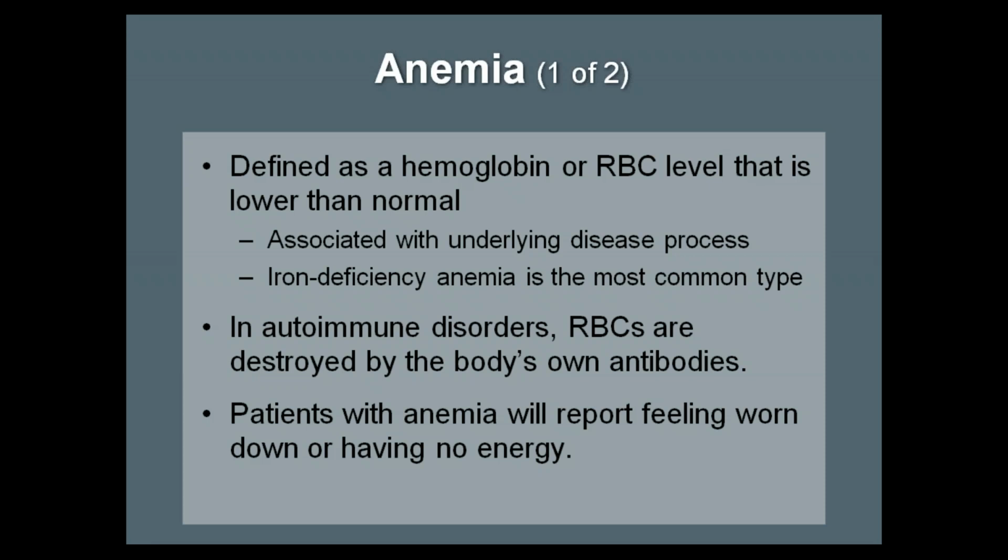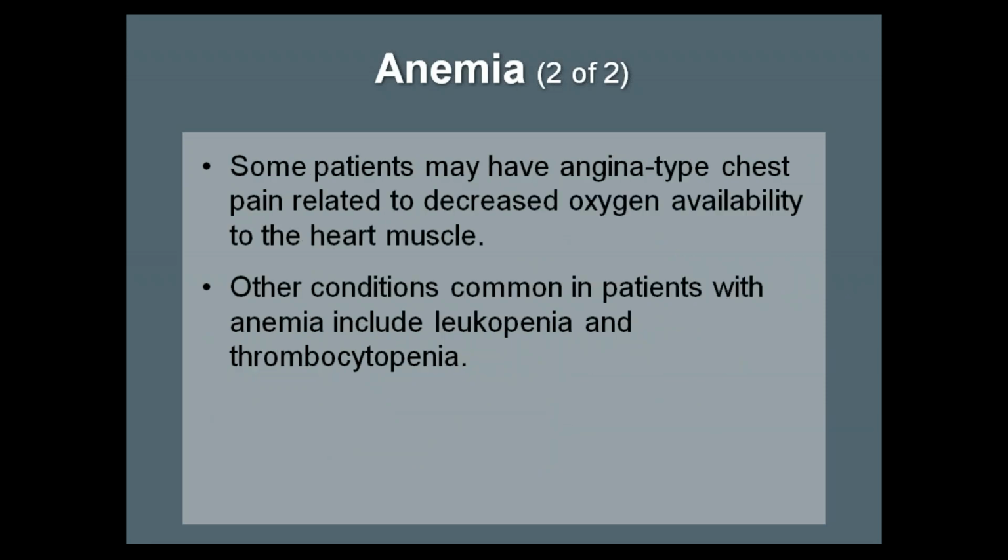They'll be extra weak, maybe syncopal, things like that, because they just have less red blood cells helping move stuff around in their body. Chest pain, I have never seen associated with anemia, but apparently it's worth noting. And leukopenia and thrombocytopenia are other conditions that are common with anemia.